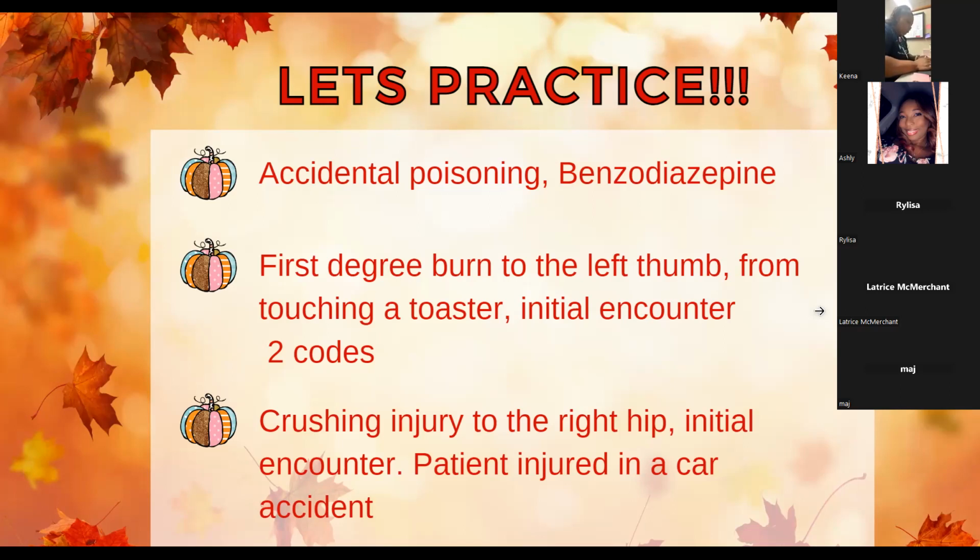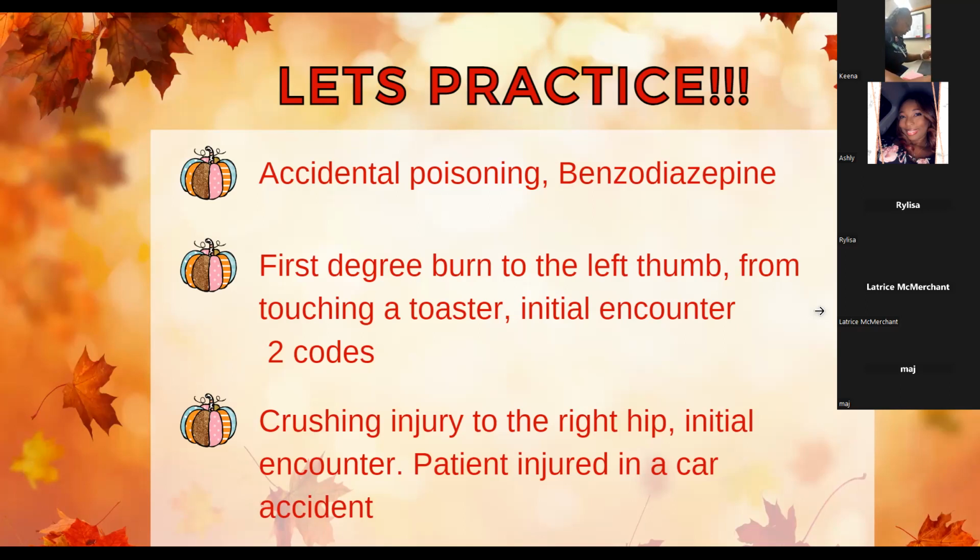And the thumb is on the hand, so you would think maybe that would be the automatic thing to go to. Not necessarily. In this instance, it's going to tell you see thumb. There's a specific one for thumbs, so you would just keep following your columns until you got to thumb under burn, and that'll take you to code, I think it's T23, and then from there we verify in our tabular.